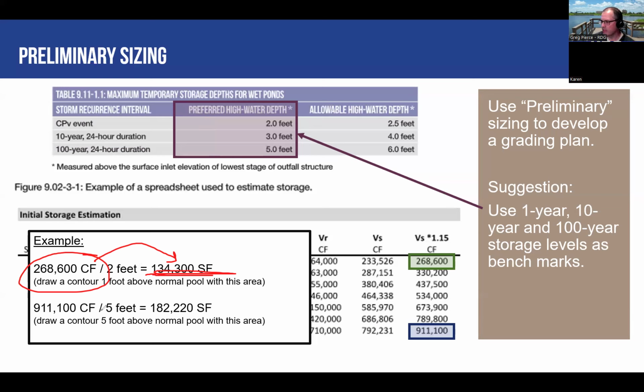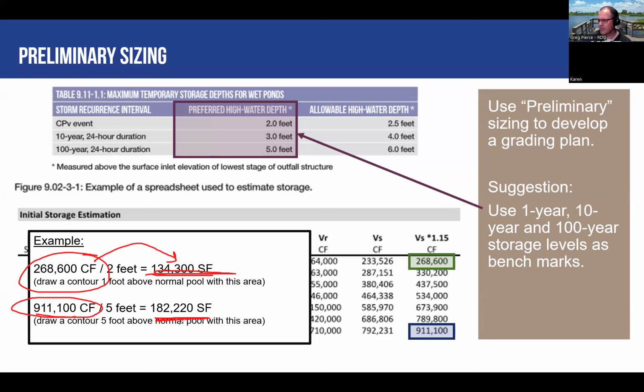And then you start setting some contours away from that, or doing some rough approximation of what the side slopes would be. You want to make sure for that 5 to 6 foot deep level that you're going to have enough storage. So you're making sure that the upper limit of the basin is going to be about 180,000 square feet in this example.